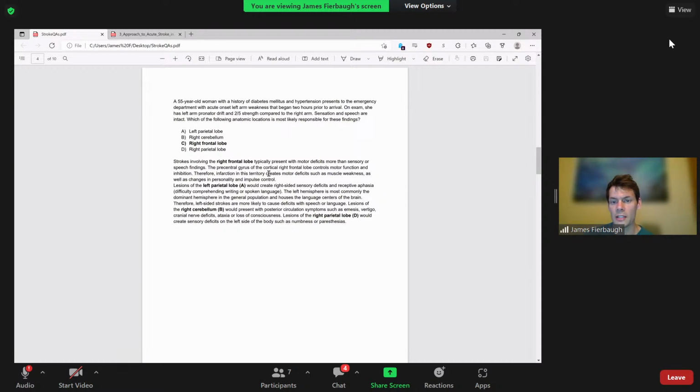In addition, because of the motor and sensory homunculi and the distributions of those symptoms. In the parietal lobe, strokes in that area almost exclusively cause sensory and motor deficits.